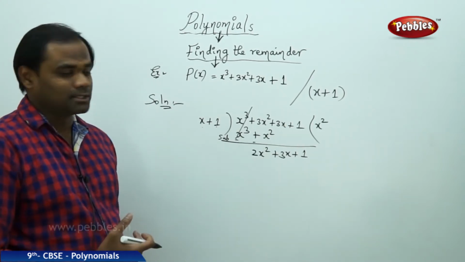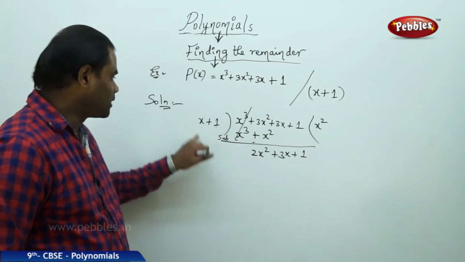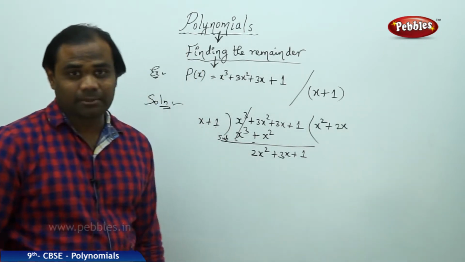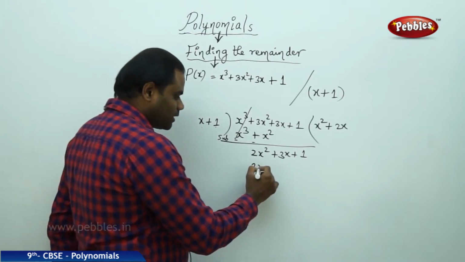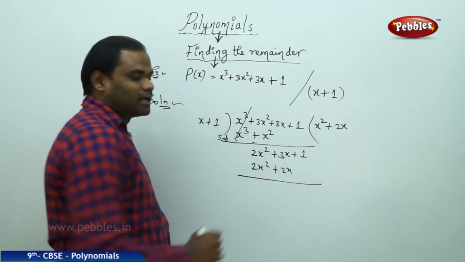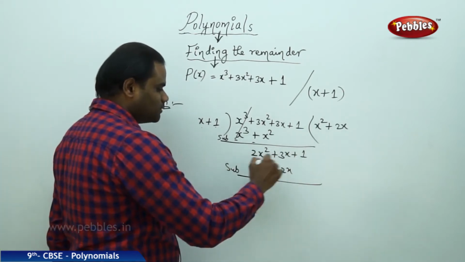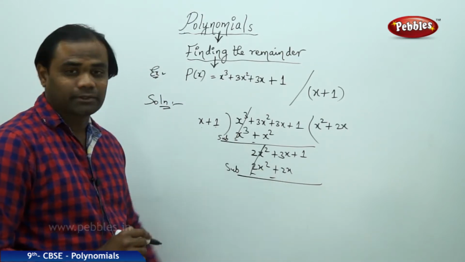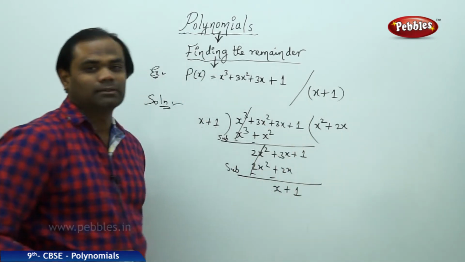Continuing in the same process, 2x squared can be obtained by multiplying x with 2x. So the quotient gets added with 2x, which when multiplied with x gives me 2x squared plus 2x. Then on further subtraction, with change of sign, 2x squared and 2x squared get cancelled, and 3x minus 2x is x, plus 1.